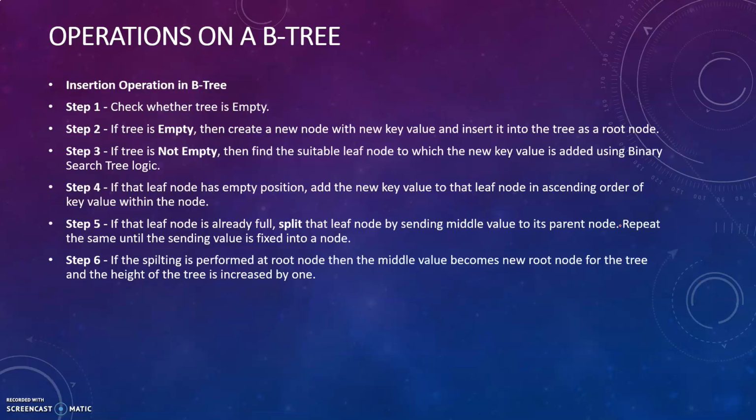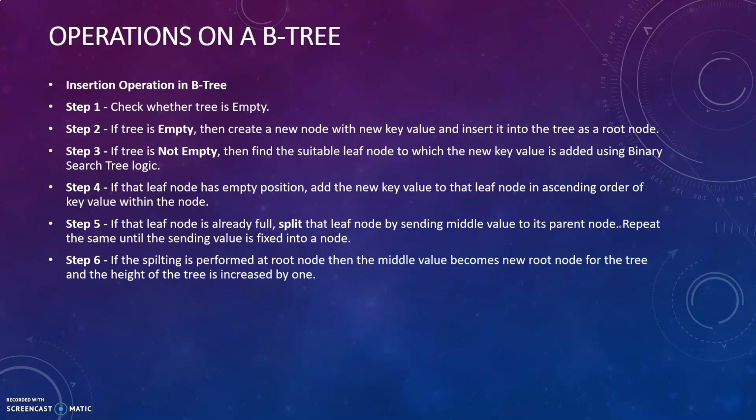Next, the insertion operation. You have to check whether the tree is empty. If the tree is empty, then create a new node with the new key value and insert it into the tree as a root node. If it is not empty, you find a suitable leaf node to which the new key value is added using the binary search tree logic. If the leaf node has an empty position, you add the new key to the empty position.